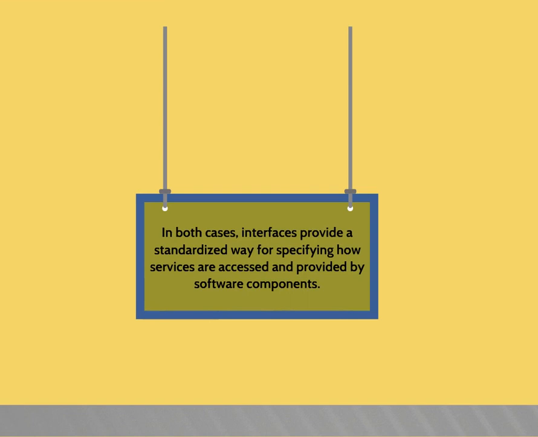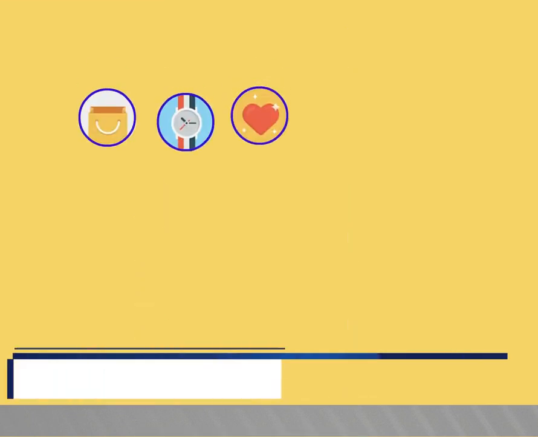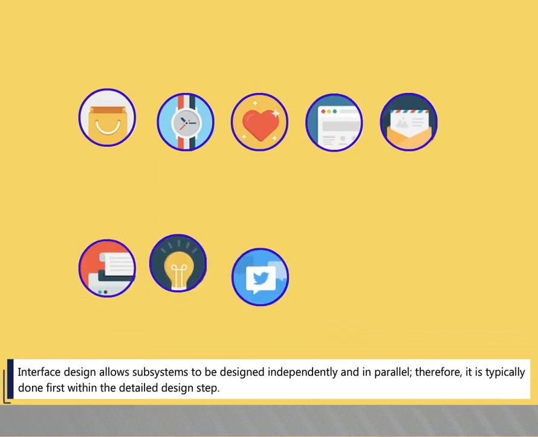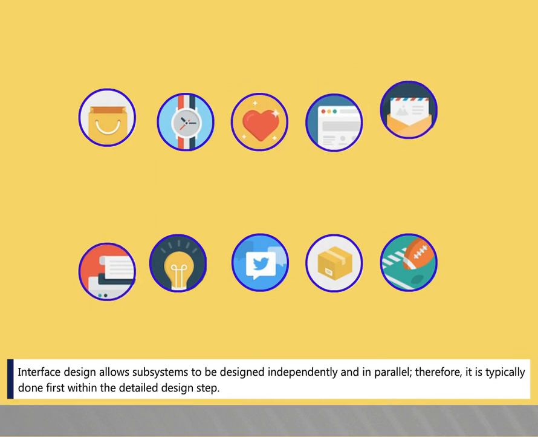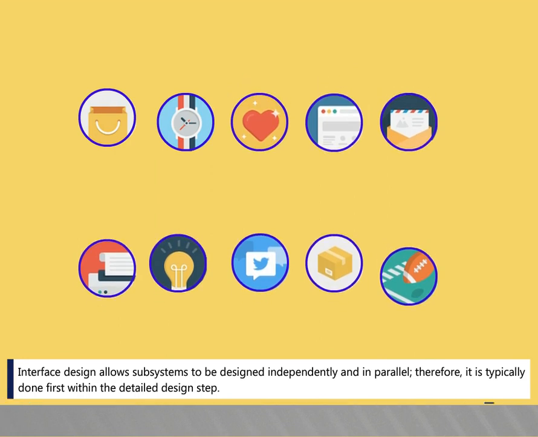In both cases, interfaces provide a standardized way for specifying how services are accessed and provided by software components. Interface design allows subsystems to be designed independently and in parallel, therefore it is typically done first within the detailed design step.